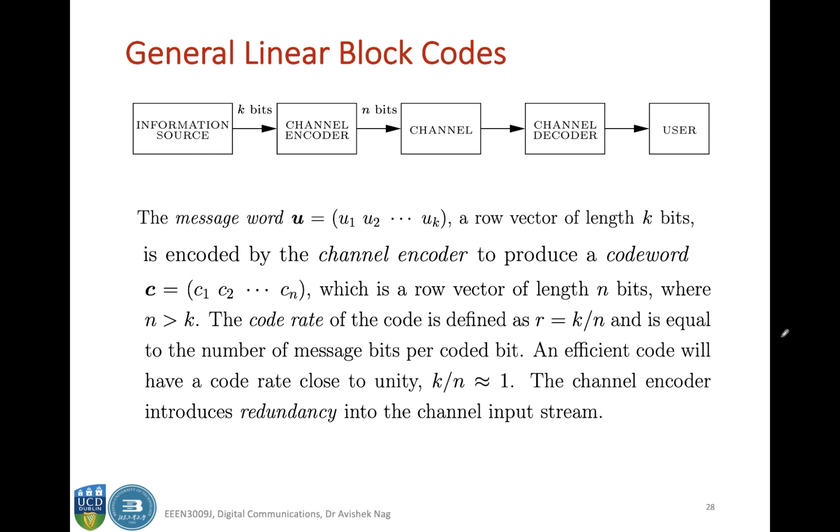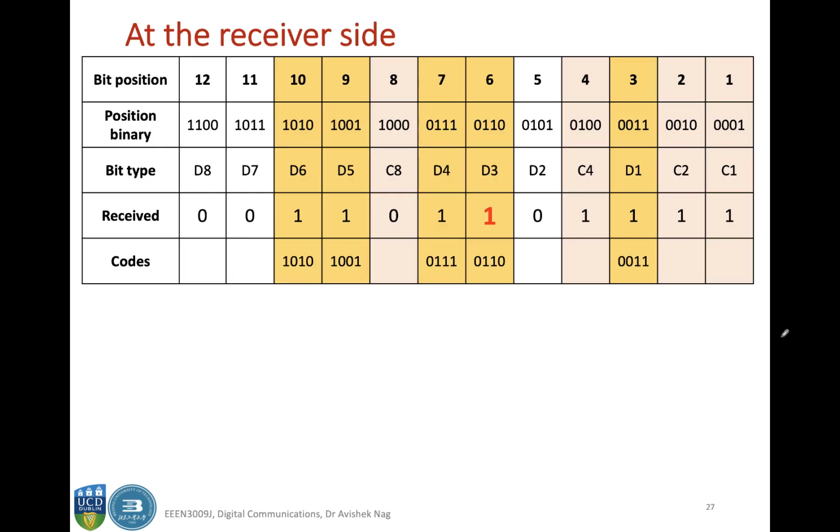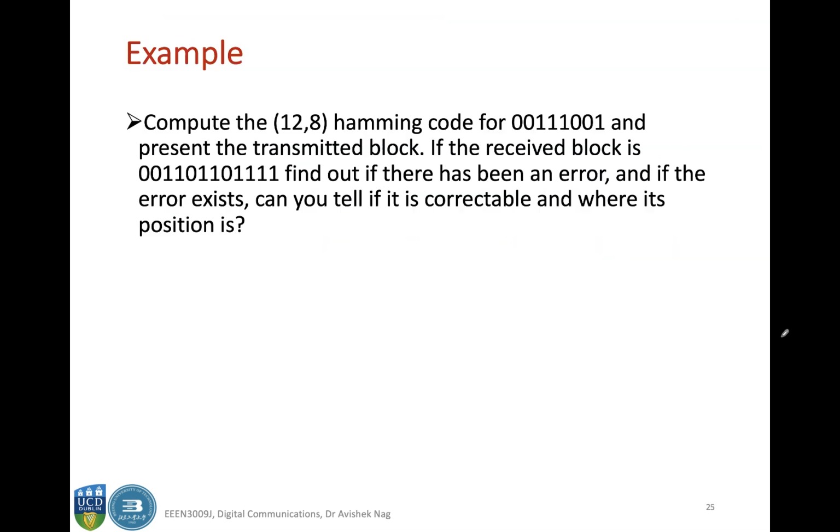Towards the end of the last lecture, I stopped at this example of designing a Hamming code. These Hamming codes are a general family of block codes with this N and K. N is the size of the final code word and K is your message length.